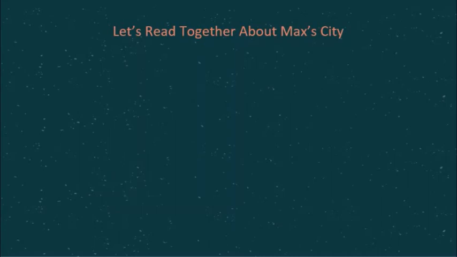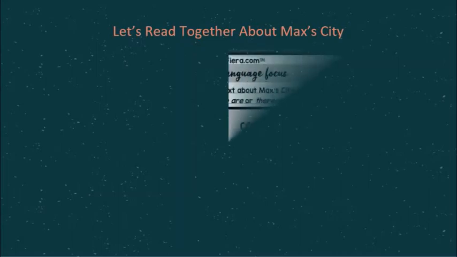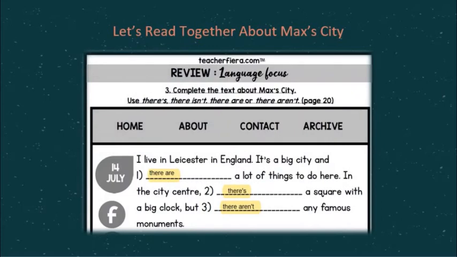Now, remember our previous exercise about Mad City? We are going to discuss the answer right now. Let's discuss it together. Let us read together. I live in Leicester in England.